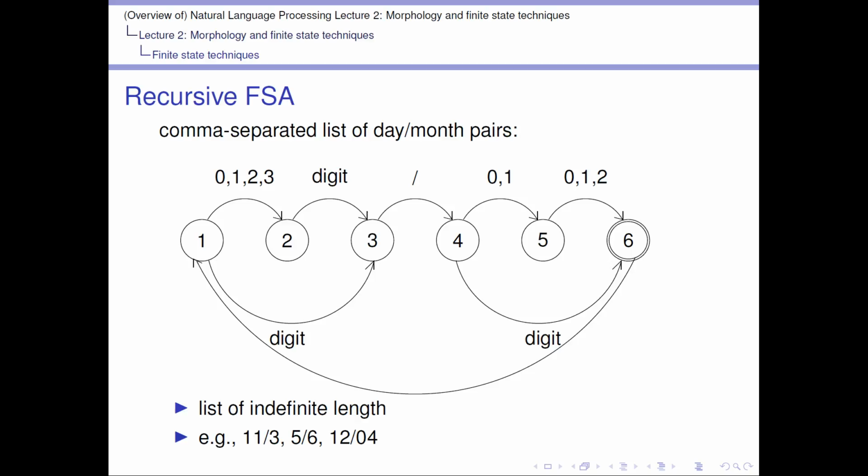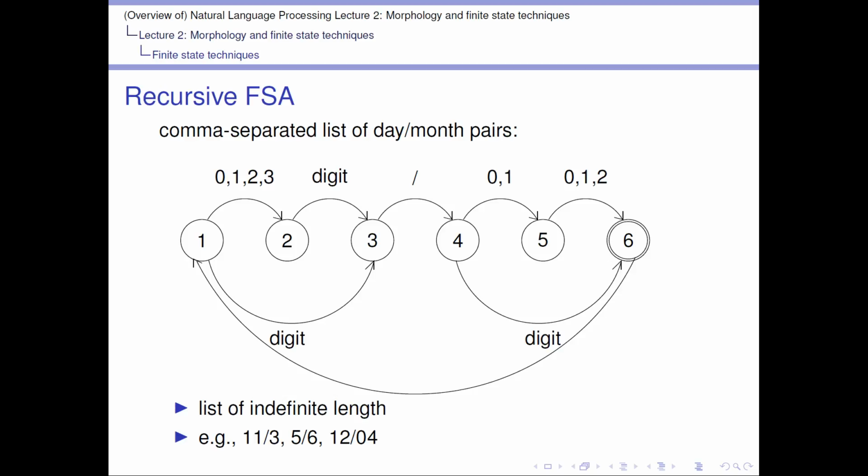Here, we've added an extra arc to go back to the beginning. The idea being that you could have an infinite list of dates. There is now a comma missing on this arc, I guess, because you would need a comma to make the list. And that would change the vocabulary. We're also missing the start state again.